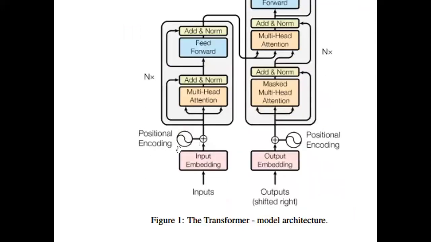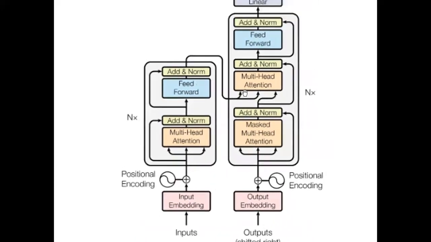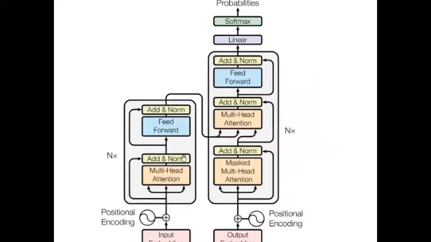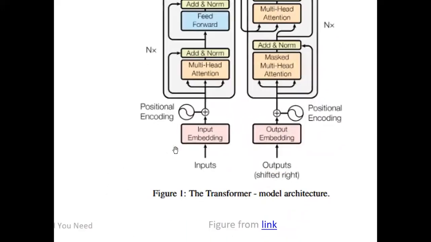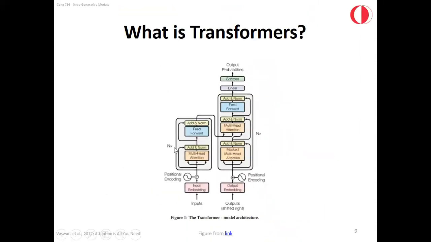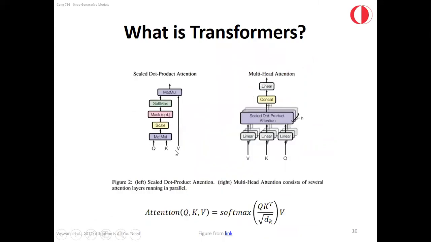The important point here is the positional encoding, since transformers are permutation invariant, and when you change the position of a word in machine translation, the meaning of the translation could change. That's why we use the positional encoding.